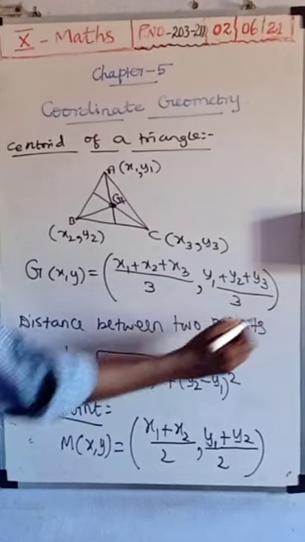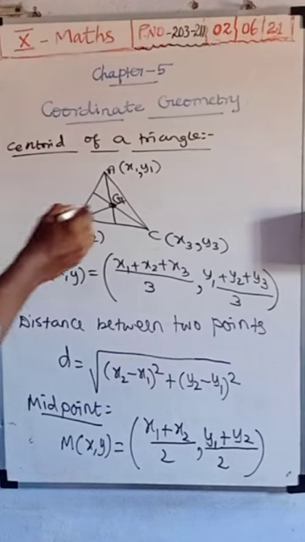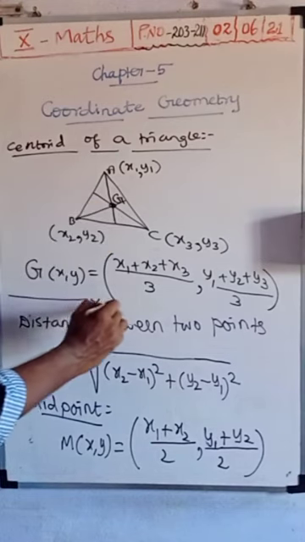The x coordinates and y coordinates you add separately and divide by 3. We will get the centroid G of the triangle.